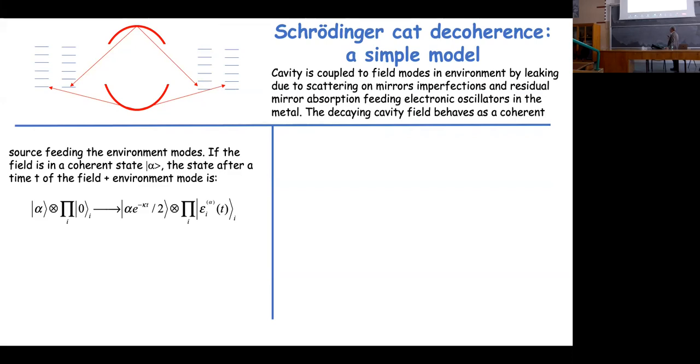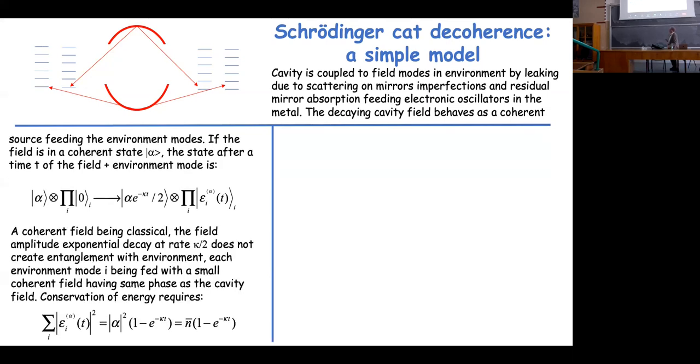So the coherent state will have its amplitude decaying exponentially towards vacuum with a constant kappa over 2, where kappa is the decay of the energy. The amplitude decays with the rate kappa over 2 for the energy to decay with the rate kappa. And each mode of the environment will have a very small coherent field building up. And we have to take the product of all these small components in the different modes i of the environment.